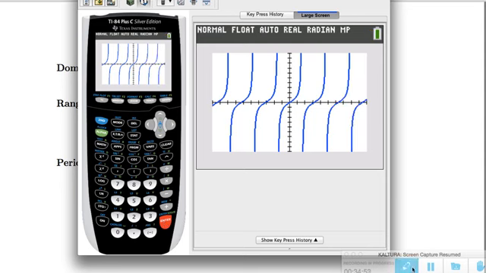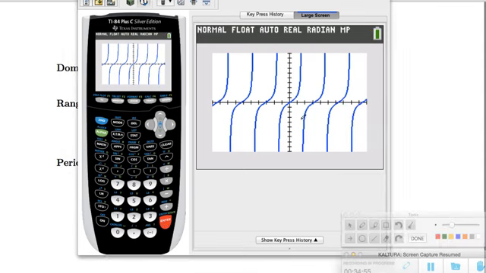Now, just as a comment, depending on how your calculator's plot features are drawn, your calculator may be connecting these points. If it's doing that, it's technically just connecting points as it plots them, so it is up to you to know that that's not actually connected. What's actually happening here is that there are vertical asymptotes.